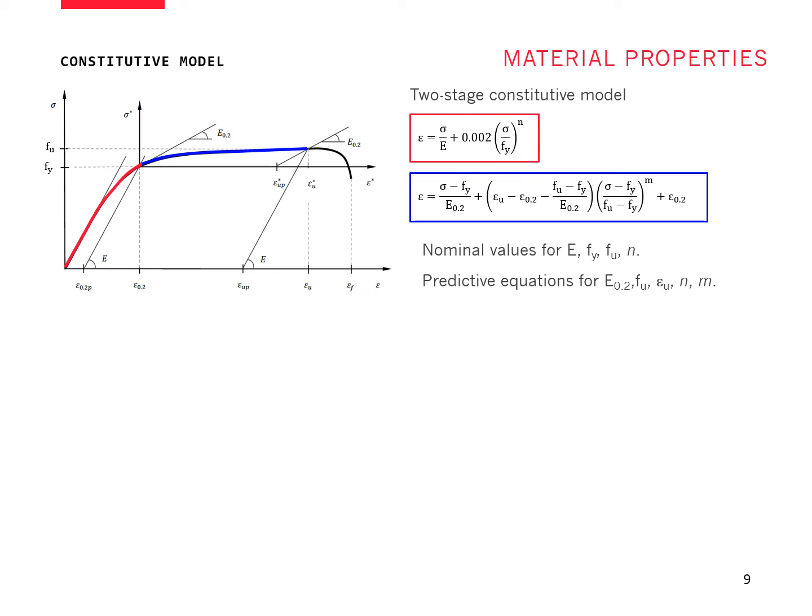As we all know, the stress-strain curve of stainless steel alloys can be described by a two-stage Ramberg-Osgood material model, which depends on a number of material parameters. Design standards generally prescribe nominal values or predictive equations for these parameters, and in this study we have treated each parameter as a random variable.